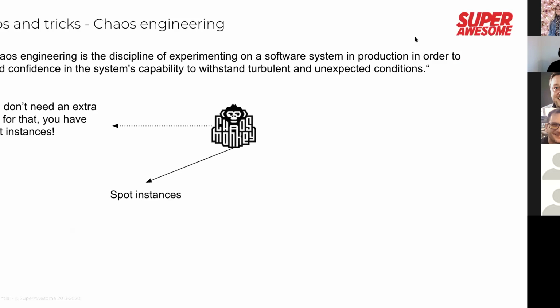But in our case, because we use spot instances, we have that built into the system in a way. We don't need an extra tool to do that. Because we use spot instances, we know that we will lose servers at any point in time. So whenever a service has any availability issue, we detect that quite quickly.